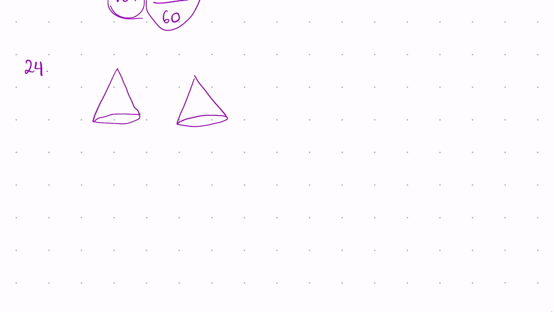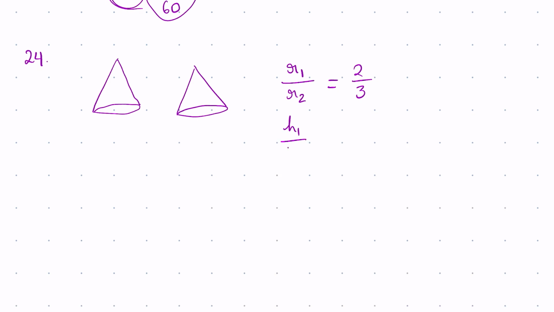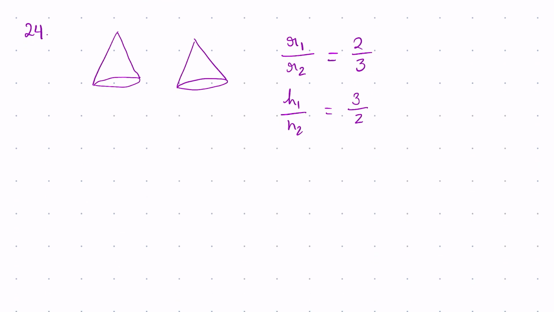So their radii, let's say r1 divided by r2 is equal to 2 by 3. And then their heights, h1 and h2, are in the ratio 3 by 2. Find the ratio of their volumes. So I need to find v1 by v2.